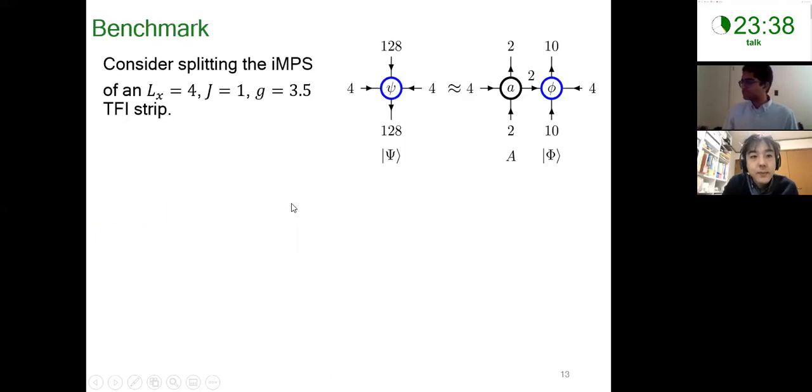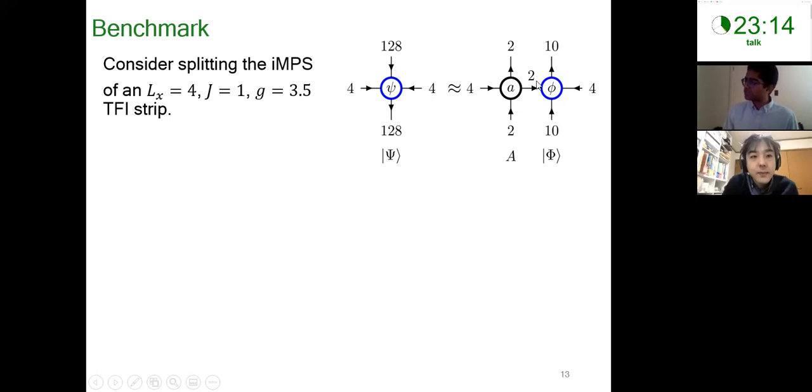Let's now consider how well these algorithms actually do in practice. So what we're going to do is consider splitting an IMPS shown in the top right. So here's our two-sided IMPS with vertical bond dimension 128 and then bond dimensions of 4 on either side. We're going to split it into the two products, A and phi, shown on the right.